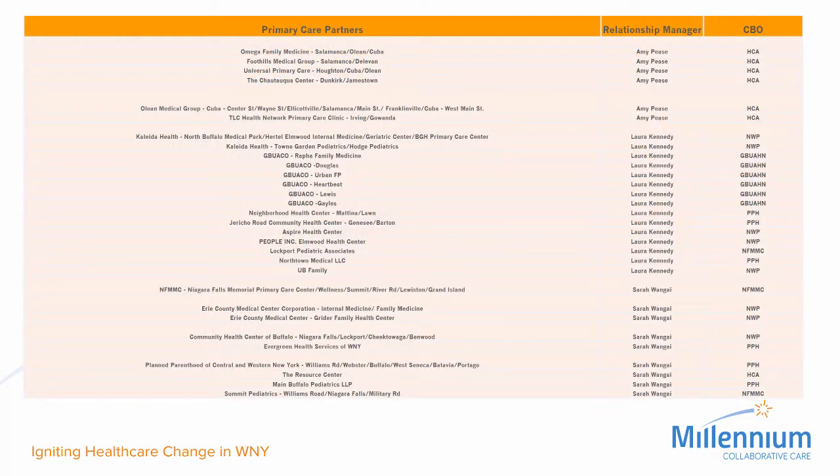We have also identified where each of these primary care practices would connect with a CBO, and also who the relationship manager is on this slide. So if you are in the Southern Tier, most likely your CBO will be HCA or Healthy Community Alliance. If you're in the northern area, it probably would be Niagara Falls Memorial Health Home. And then those in the central are broken up between National Witness Project, GBON, and Planned Parenthood.